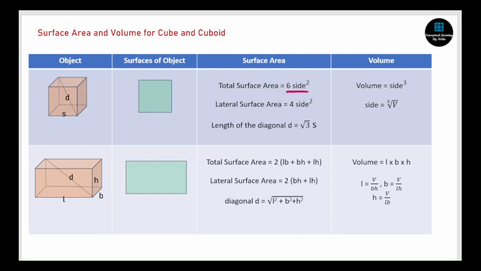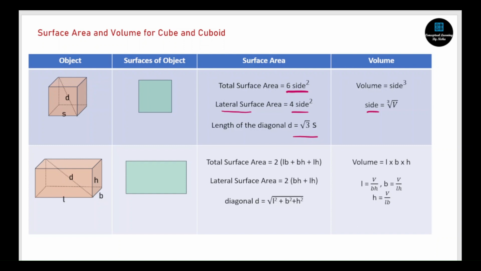When you take the surface area of just 4 walls, that is called the lateral surface area, which is 4 times side square. The length of the diagonal is given as square root of 3 times side. Volume is given as side cube, and when you want to find side, you have to take the cube root of volume. So this is about cube.